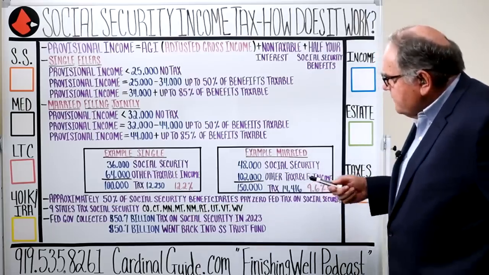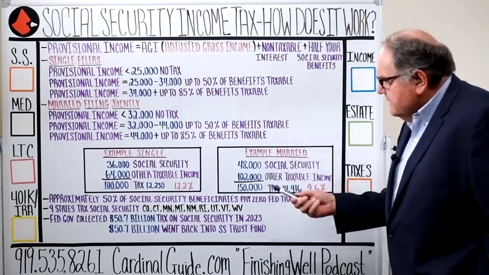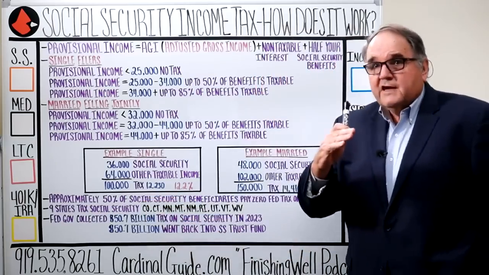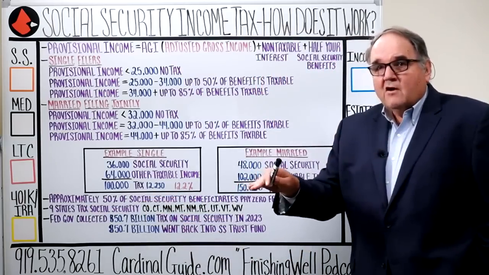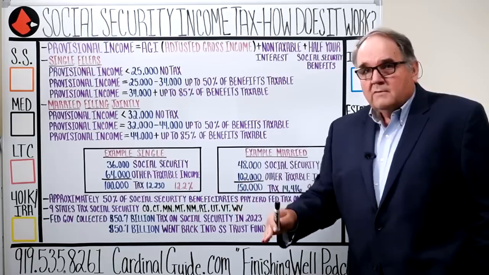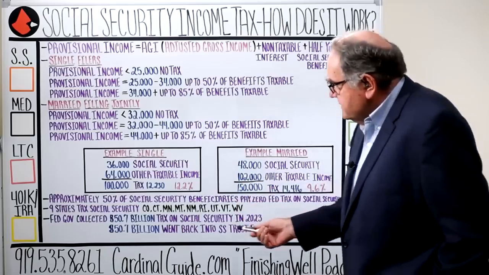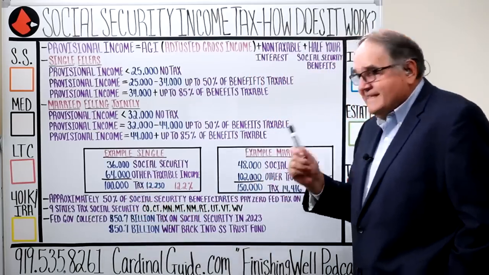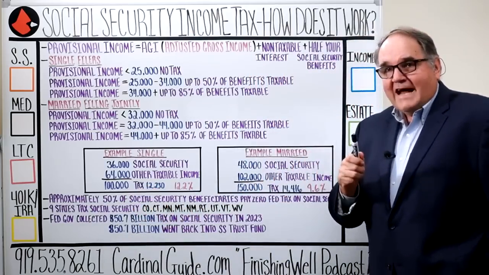So I just want to make some points about all of this, is that 50% of the people that get a Social Security check don't pay any taxes at all. So there's going to be no benefit to them to eliminate the tax on Social Security. Tom had mentioned earlier, there's 9 states that tax Social Security.